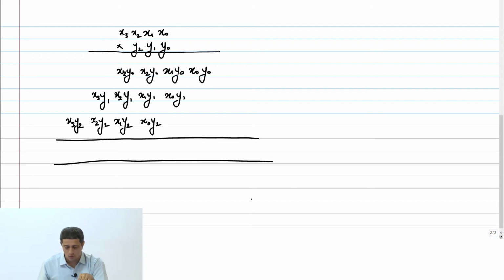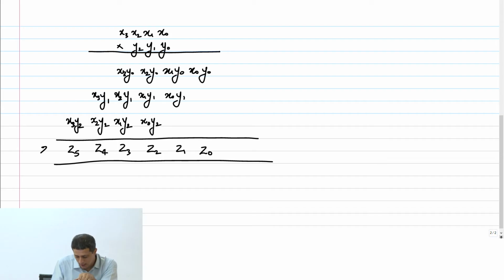Okay, so what you notice here is this is going to be my z0, z1, z2, z3, z4, z5, and in doing the addition of x3 y2 and the other terms, you could get a carry, and you will get z6. Clear? Now what do you notice here?